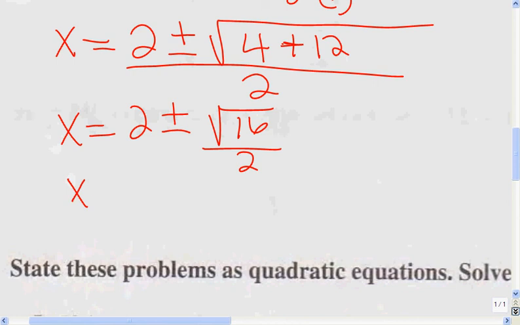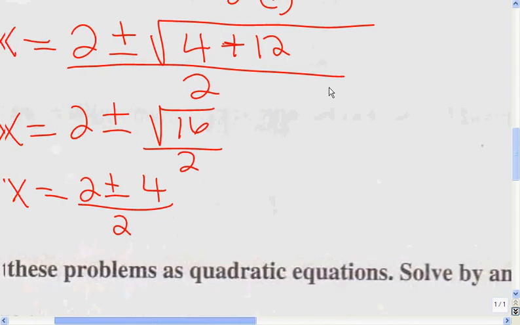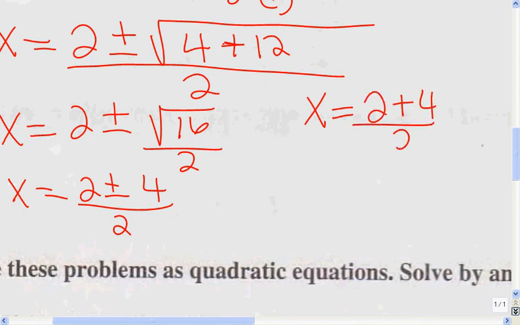So x equals 2 plus or minus 4 over 2. Then x equals 2 plus 4 over 2, which is 6 over 2, which is x equals 3.